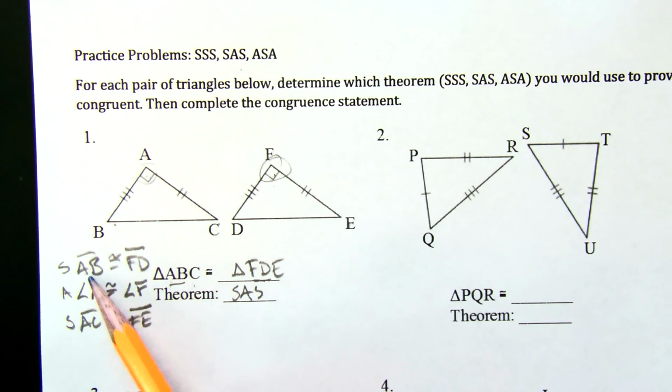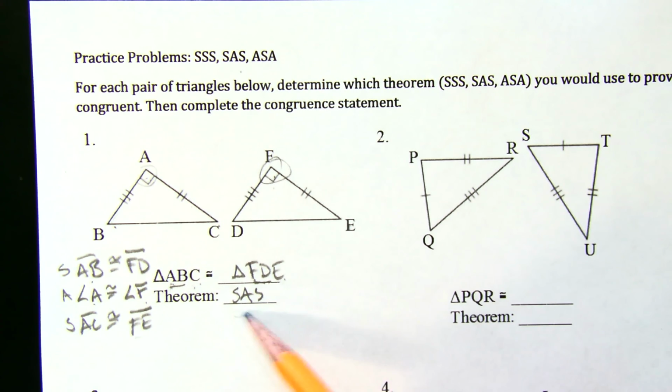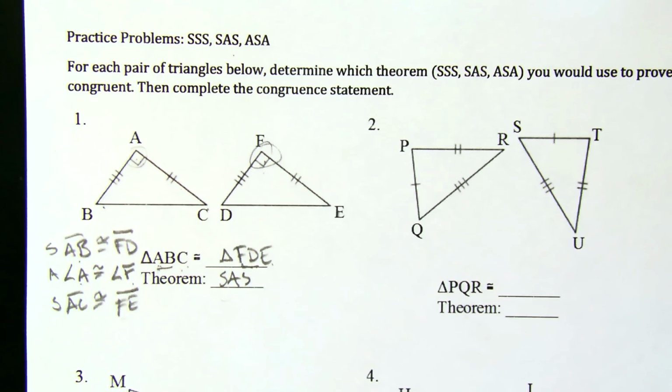Well, look, AB is congruent to FD. You've got angle A first here, F first here. Well, A and F are congruent. And we also know that AC is congruent to FE. Well, AC, FE. So that's a way to check your statement. Look at the things that you know. Does it match with the order of the letters in the statement?